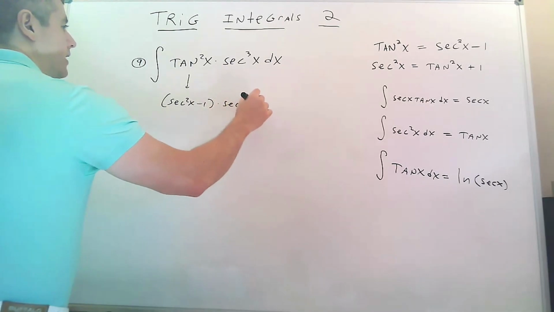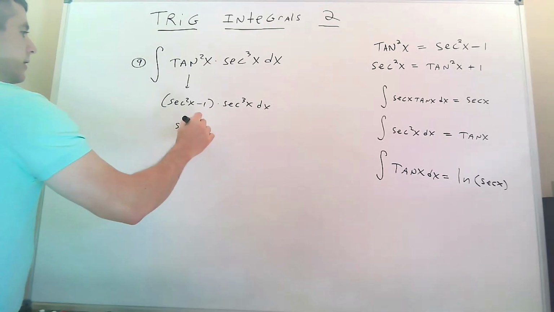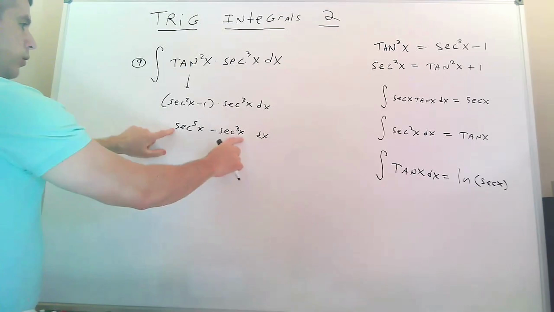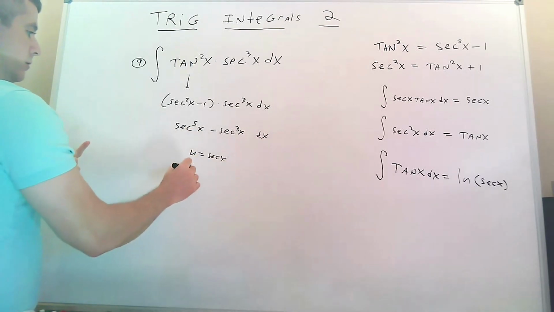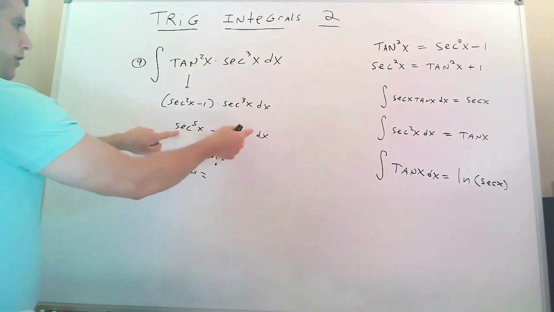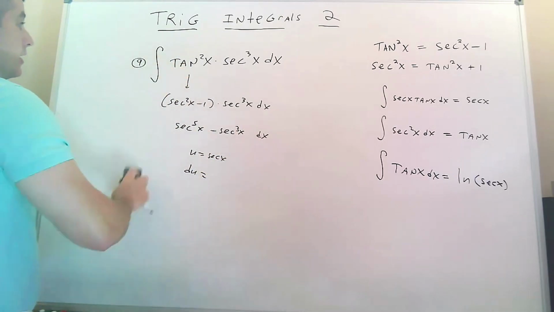But where does that get you? Even after you do it, you get secant to the 5th minus secant to the 3rd dx. Then you say, oh, u is secant. Where's the du? Where is secant tangent here? You can't just put u^5, u^3, and you don't have a du, so this doesn't work either.